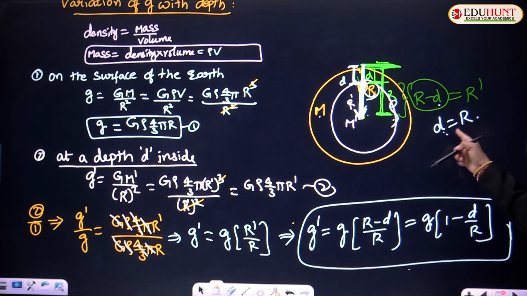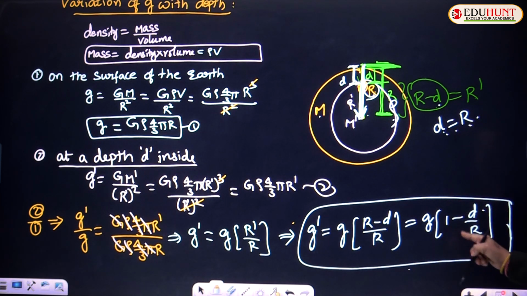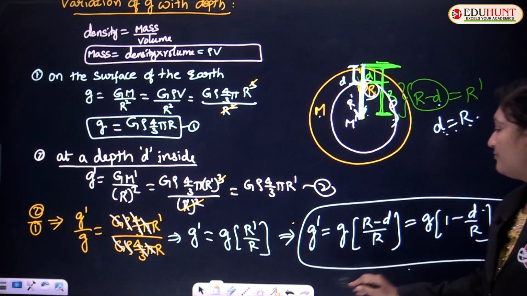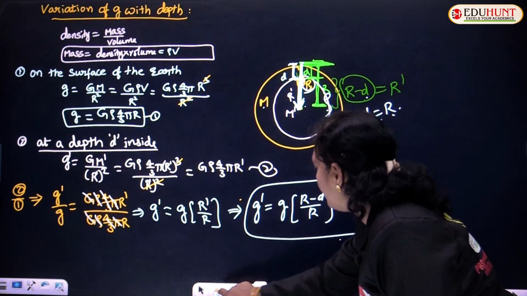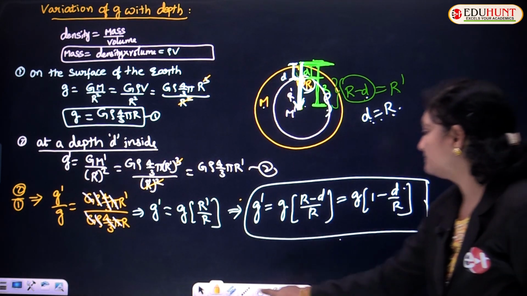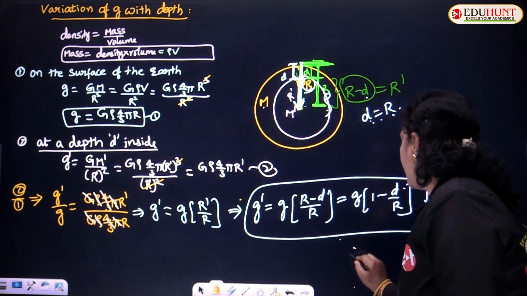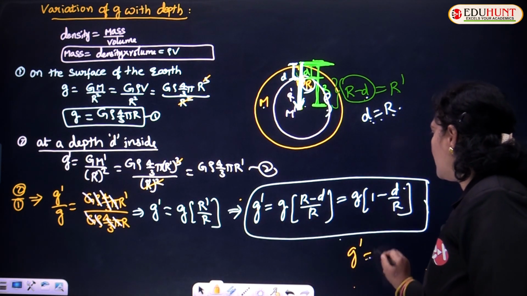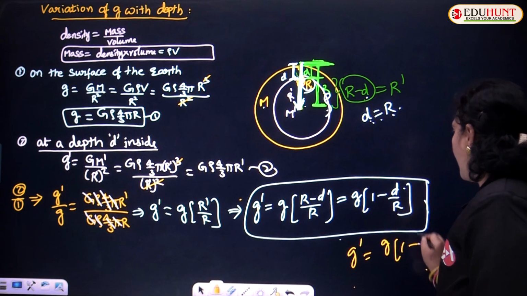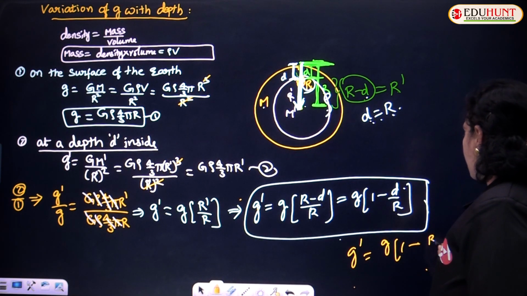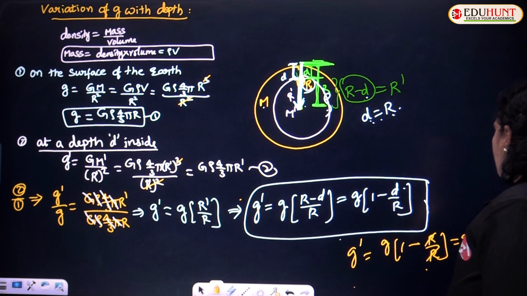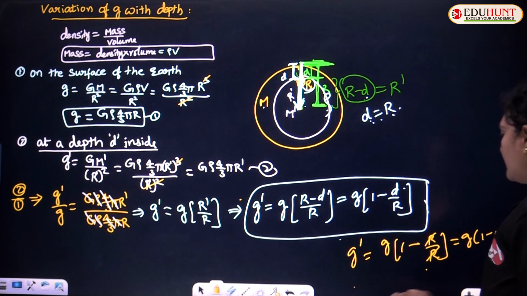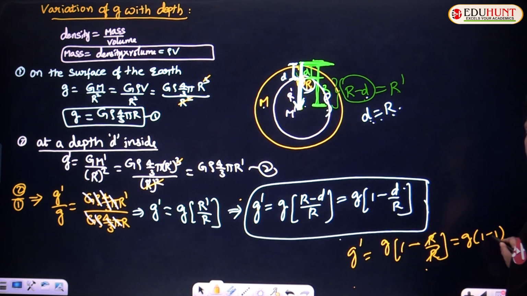So, if you replace the value of D as R, then how much will it be? The value of new acceleration due to gravity at the center of the earth is found to be G dash, which is equal to G times of 1 minus, instead of D we replace it with R upon R, which gets cancelled. So, this is equal to G times of 1 minus 1, and 1 minus 1 is 0, G into anything is 0.